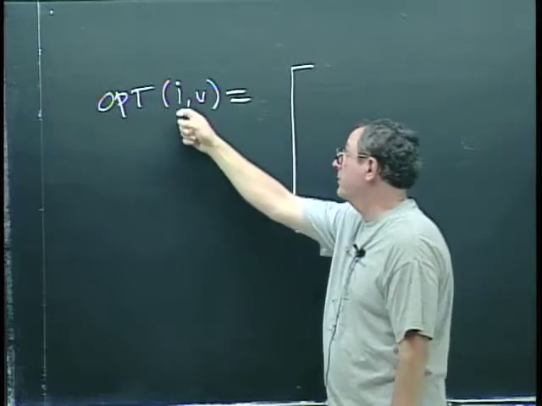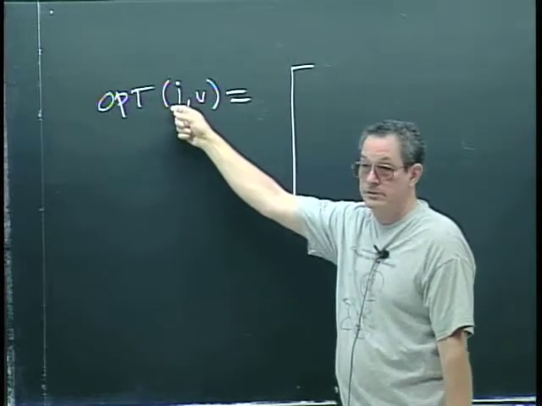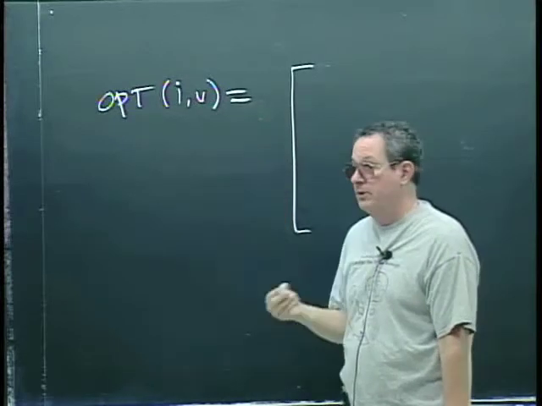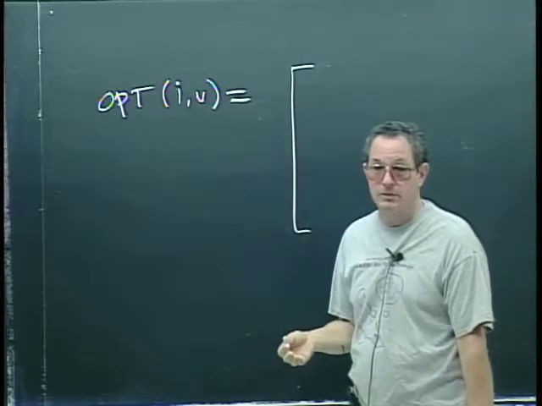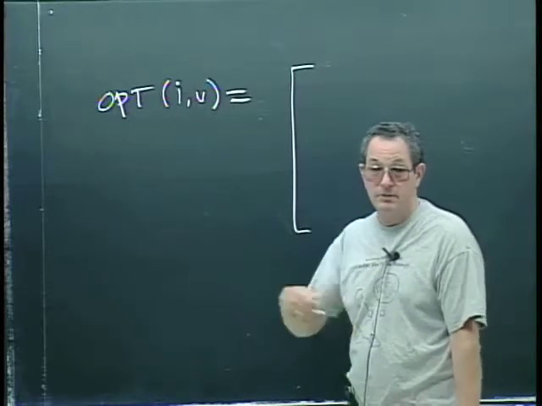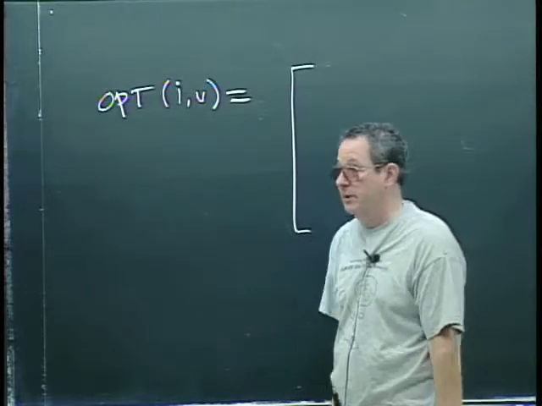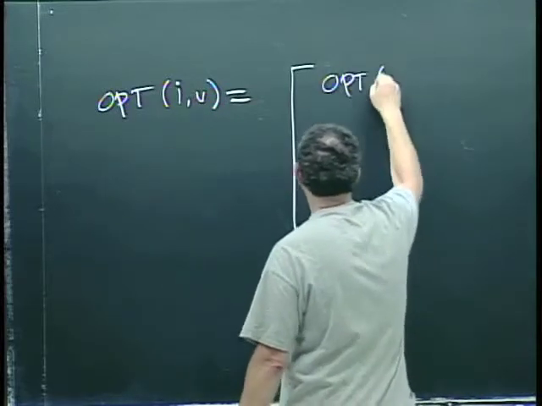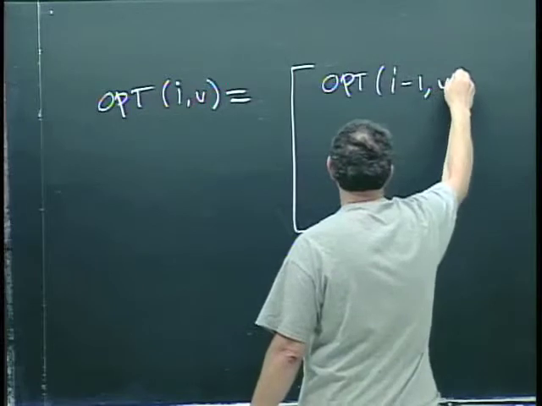This is allowing you i edges. You want to go from v to t. Well, maybe you don't need all i edges. Maybe the best thing to do is to use at most i minus 1 edges. And maybe there's a path that doesn't use very many edges. So you better put that in as a possibility, opt i minus 1 v.